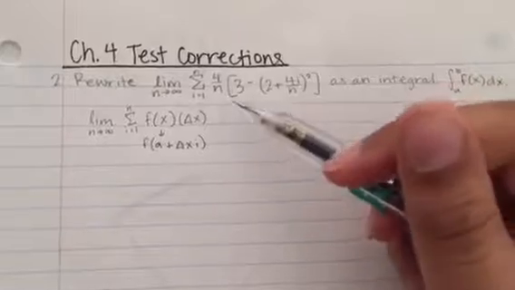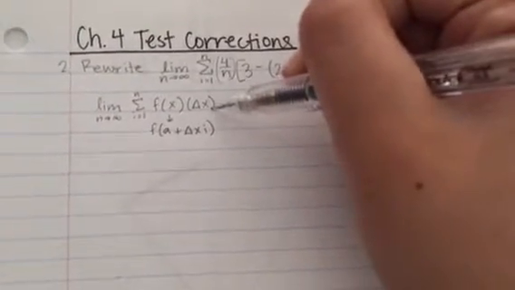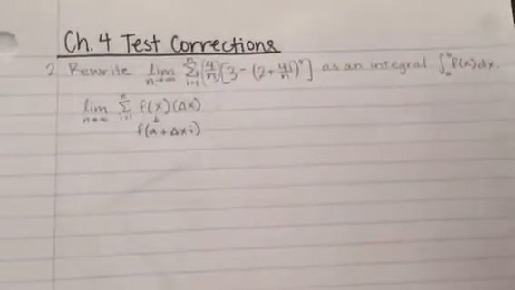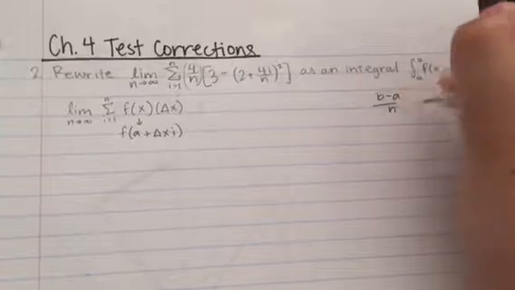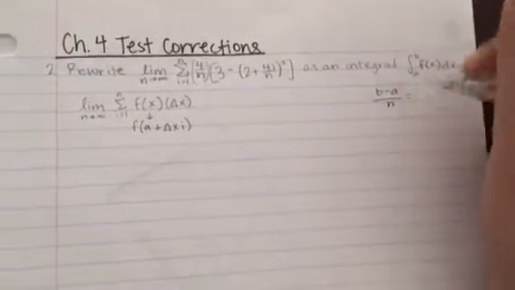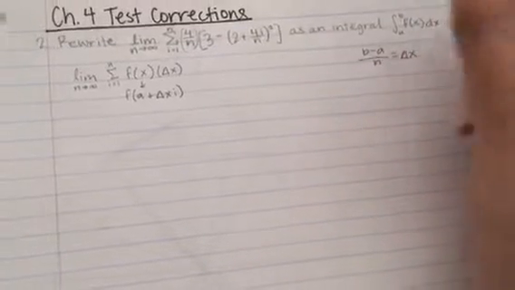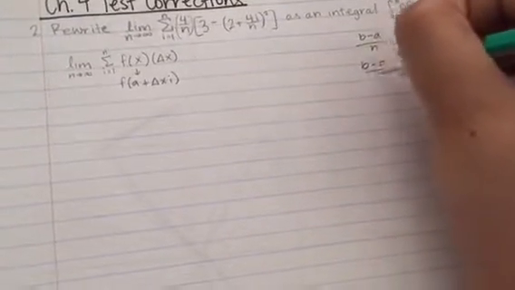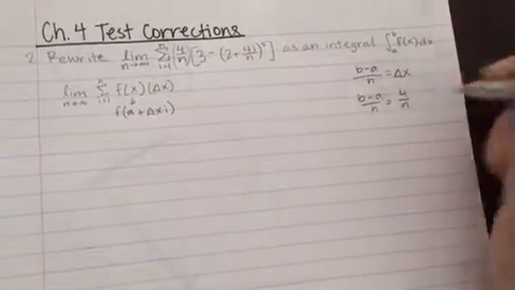The parts that connect are this 4 over n, which is the same as the change of x, which goes with our other equation, b minus a over n equals change of x. So from here we have b minus a over n, and we can plug in that this is 4 over n.